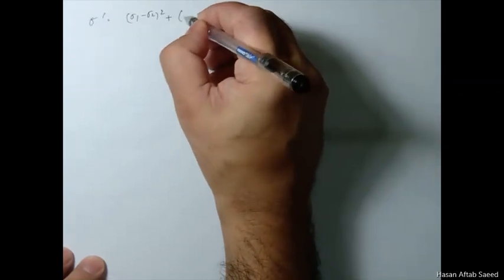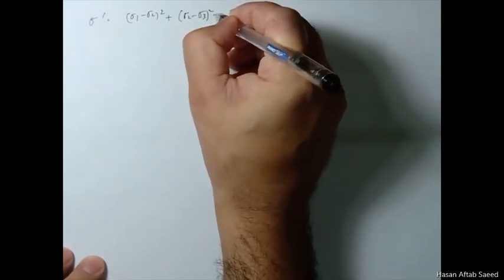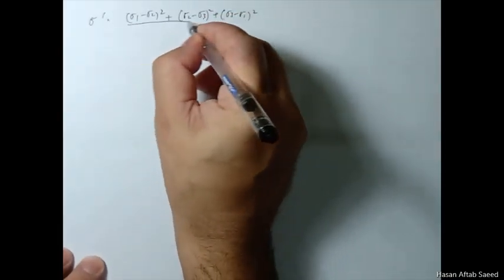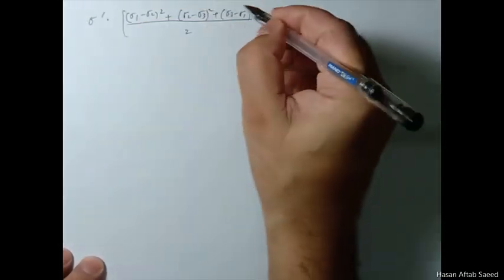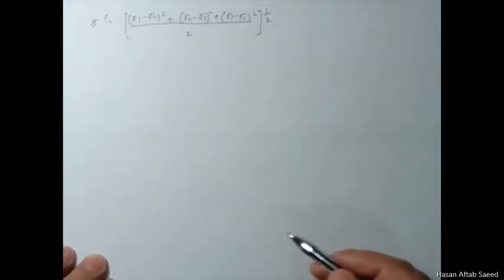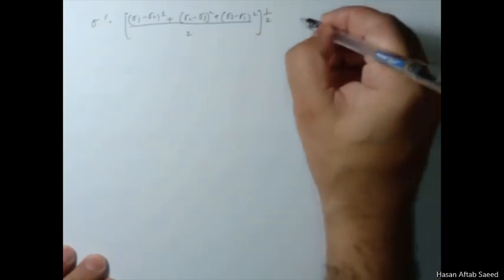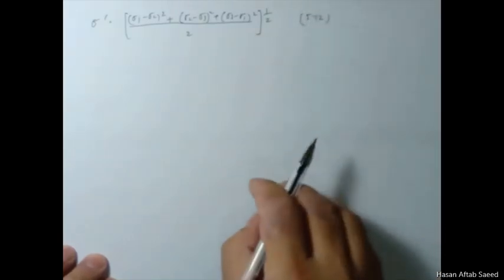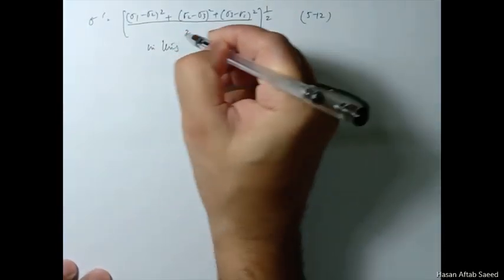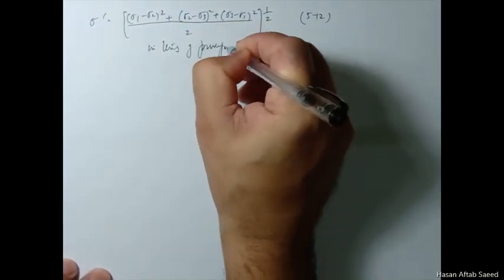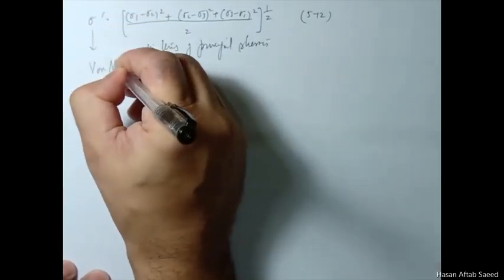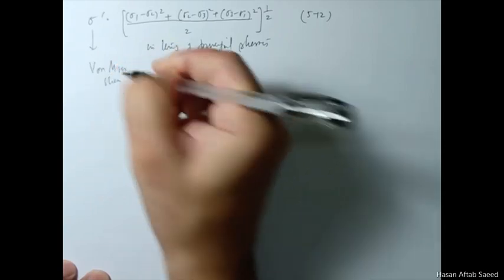This is the square root of sigma 1 minus sigma 2 squared plus sigma 2 minus sigma 3 squared plus sigma 3 minus sigma 1 squared, all over 2. This is a very familiar expression for you, it should be. This is equation 5-12 of your textbook in terms of principal stresses. This is the von Mises stress.